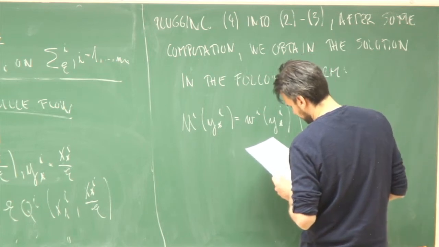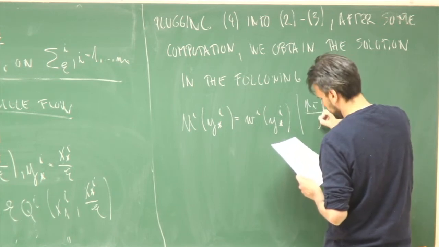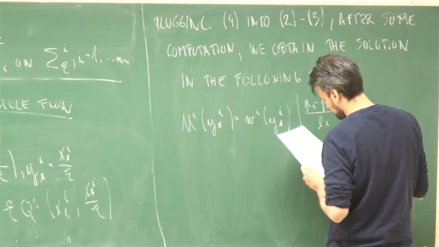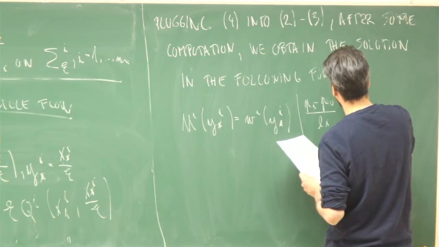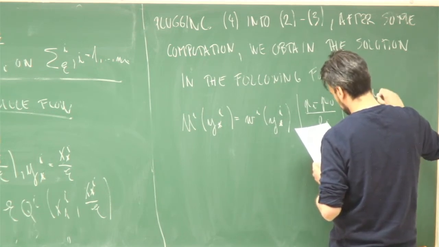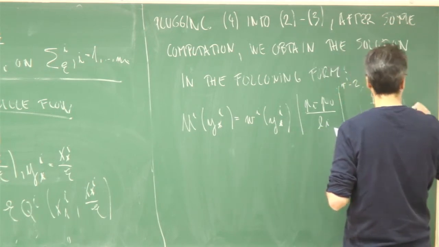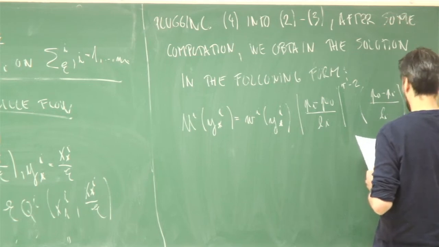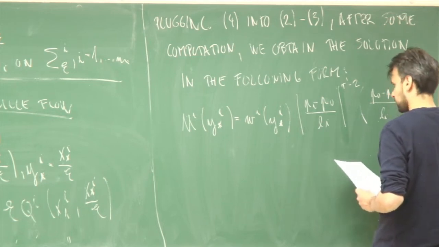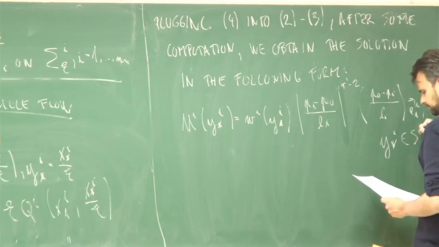So Pi minus P0 over Li to the R minus 2, P0 minus Pi over Li E1I. Well, this y star is of course from SI.